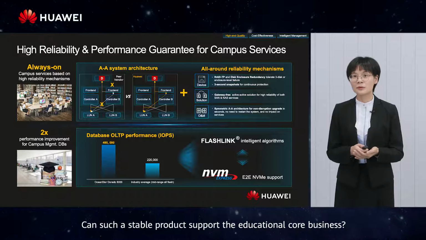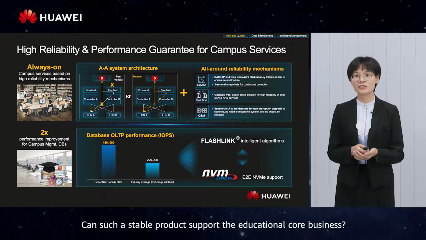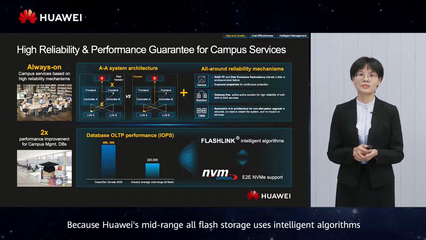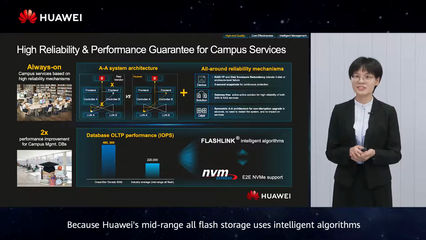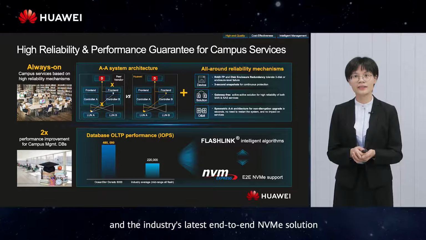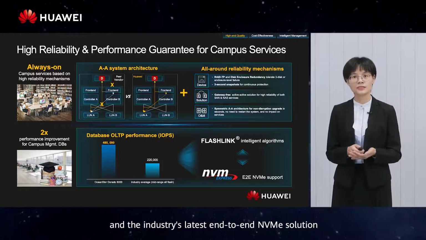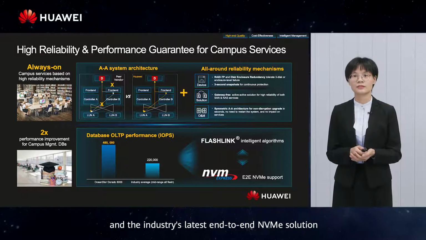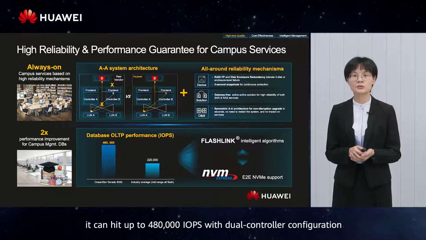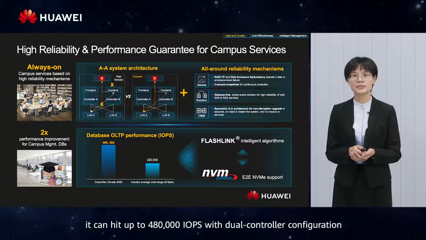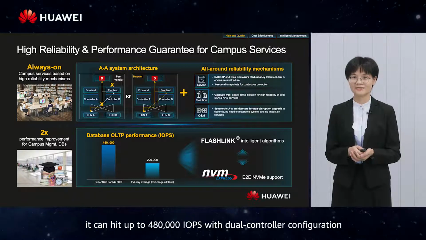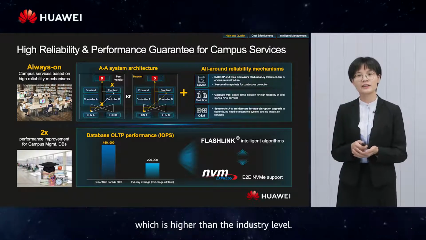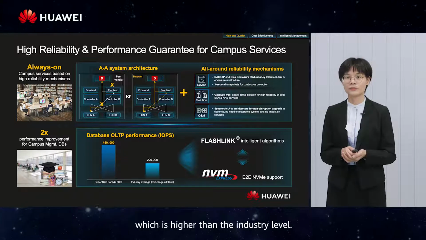Can such a stable product support the educational core business? Yes, because Huawei's mid-range all-flash storage uses intelligent algorithms and the industry's latest end-to-end NVMe solution. It can hit up to 480,000 IOPS with dual controller configuration, which is higher than the industry level.